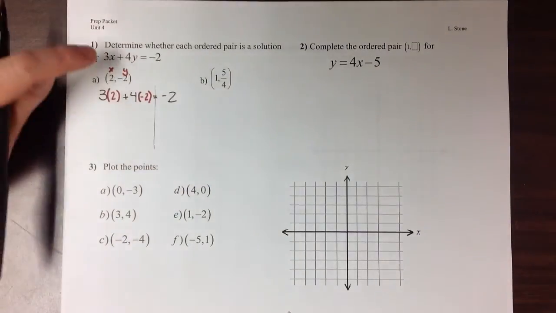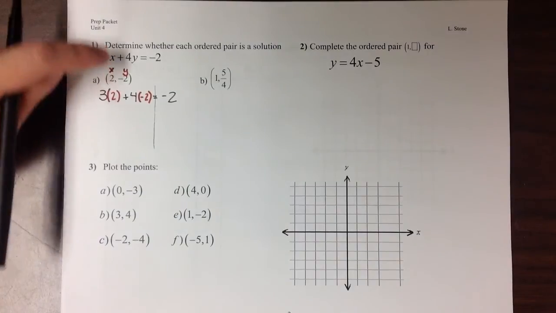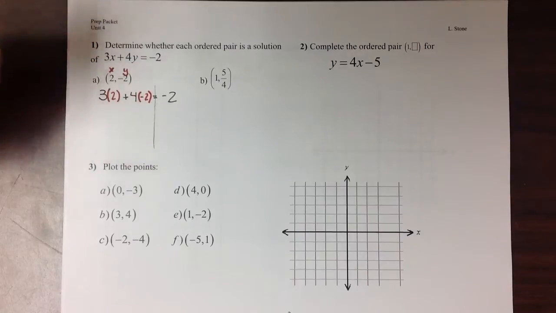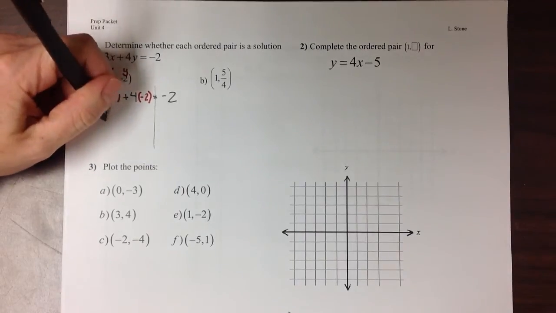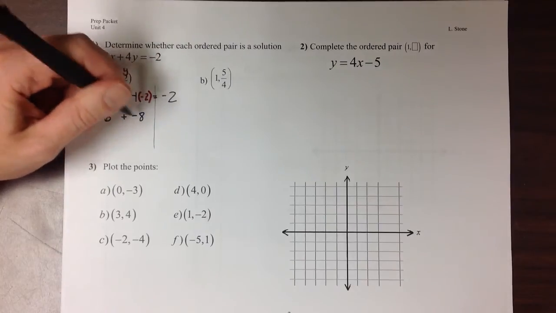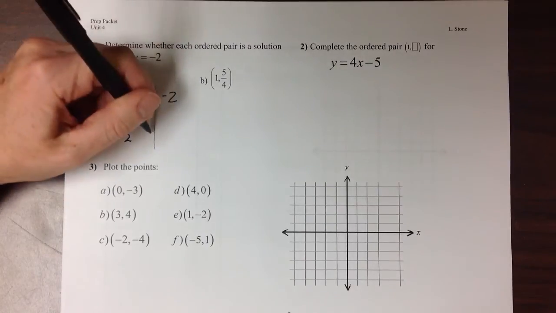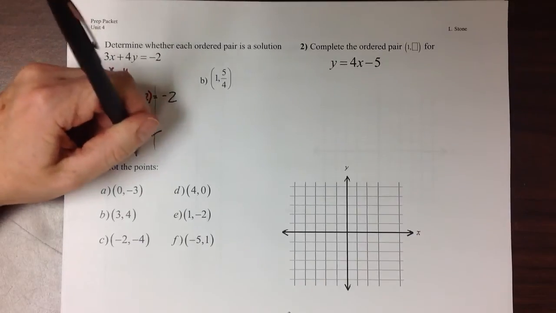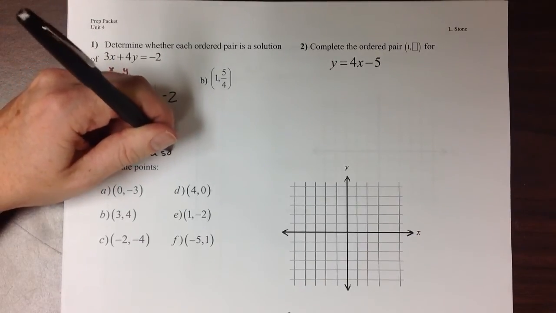If it does, that means that this ordered pair is a solution to this equation. If it doesn't, then it's not a solution. So 3 times 2 gives me 6. This is a -8, and 6 plus -8 is a -2. So yes, 2, -2 is a solution.